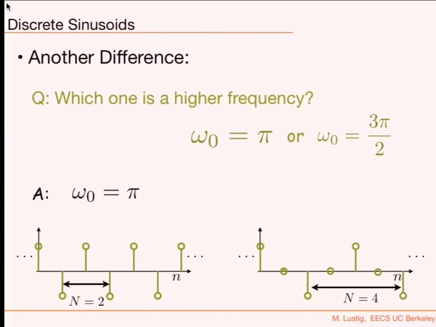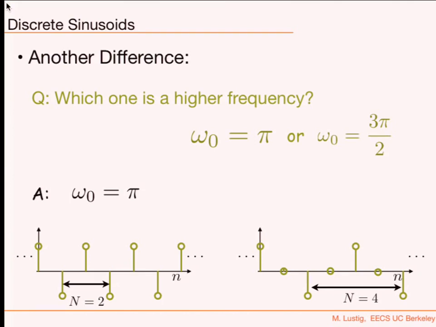What happened? Aliasing. Interesting. So the highest frequency that we can represent in discrete time is actually pi. That's the highest frequency that we can represent, and it's 1, minus 1, 1, minus 1.